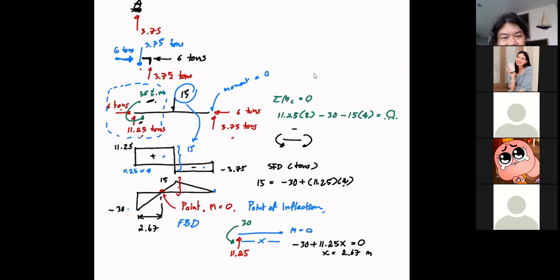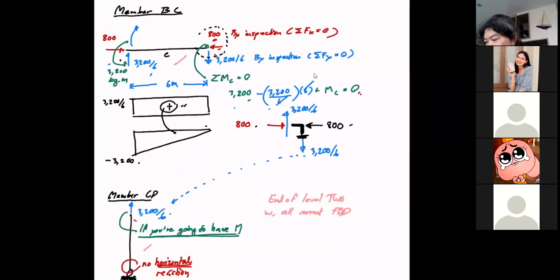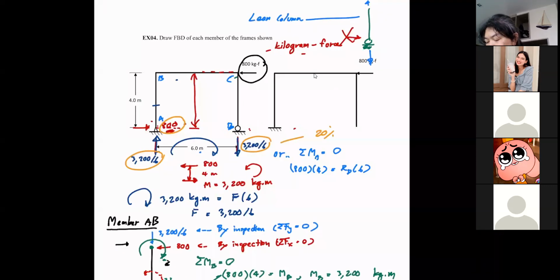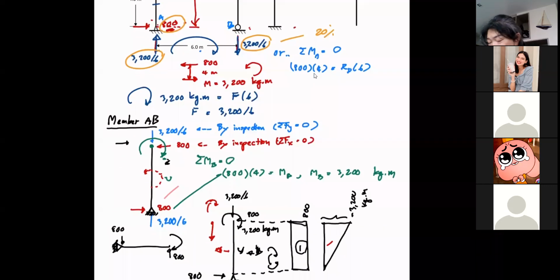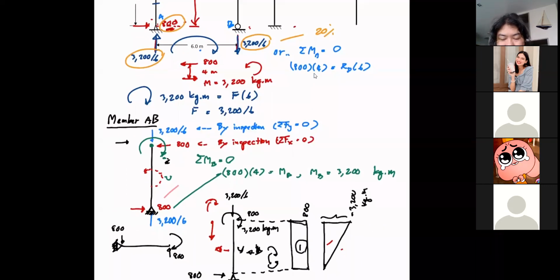Okay, so where was I before that? Deflection, right? Okay. So now that we are here, I already mentioned that. Look at this member. You see, this is your bending moment diagram, for example.